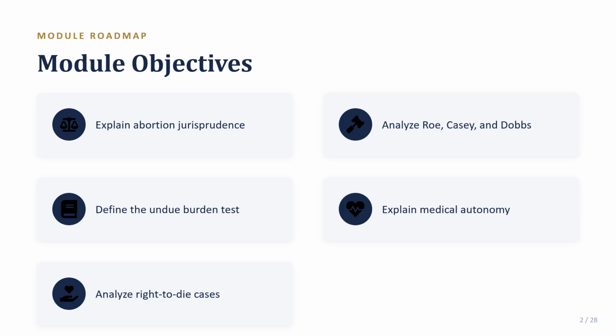The first is the abortion jurisprudence, which is the Roe, Casey, Dobbs cases. Those occupy roughly the first portion of our lecture. The second is medical autonomy, and that is the right to die cases. So we're talking Cruzan, we're talking Schiavo, Glucksberg, and Vacco. And that's going to take up the rest of our time.